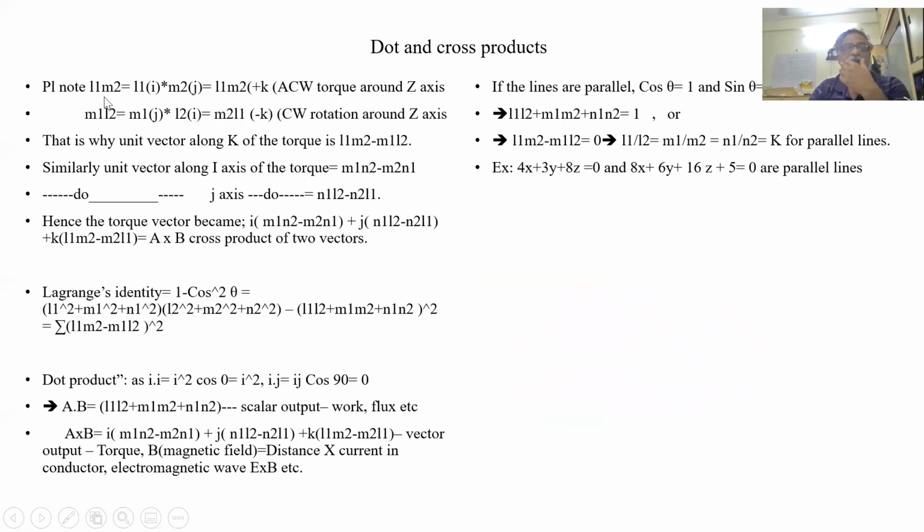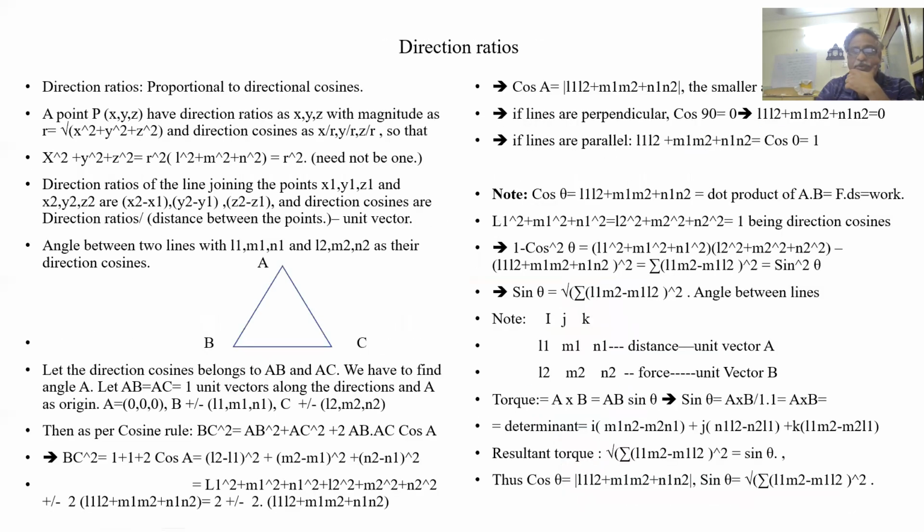Let us see L1, M2. We have seen in a cross product, it is L1 M2 minus M2 L1, M1 N2 minus M2 N1, N1 L2 minus N2. How has this minus come? How has this plus come? Let us see. K into L1 M2 minus M2 L1. This is the K direction.